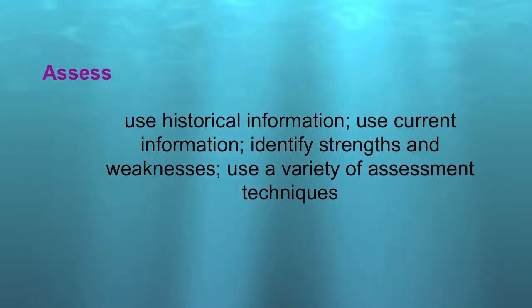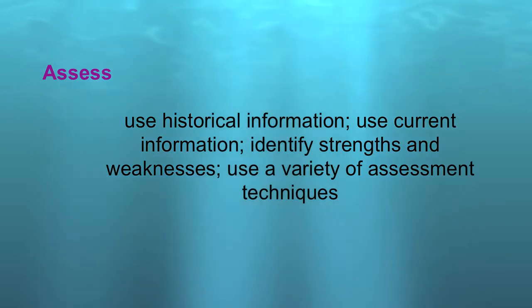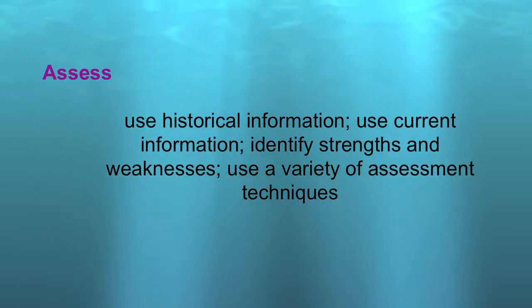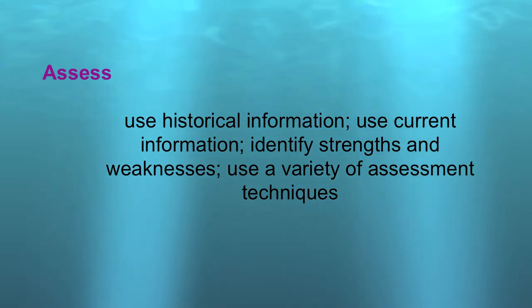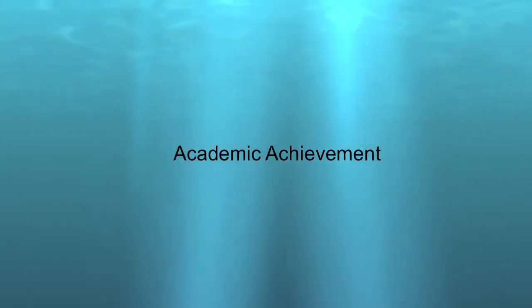Assessment, again, using historical information. Use current information. That's really important, that you've got current assessments and observations. Identify strengths and weaknesses that the student is demonstrating, and use a variety of assessment techniques. So, academic achievement is a way to look at assessment.